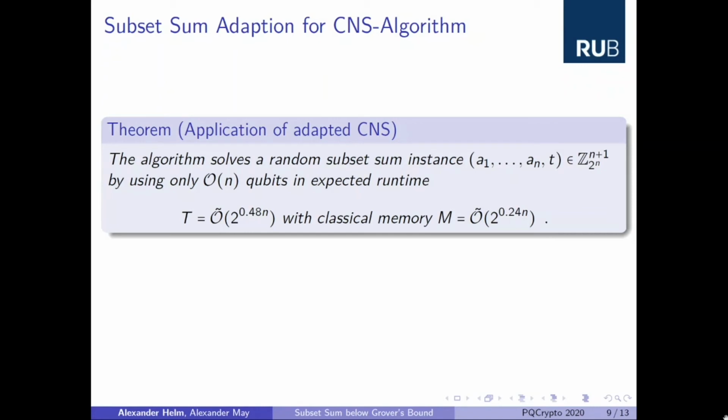At first, it seems to be a success because we go under the Grover bound. But if we need 2 to the 0.24 n classical memory, there exist pure classical algorithms which perform better. So we have to improve the algorithm and find out that we can do it just by replacing the list construction step.